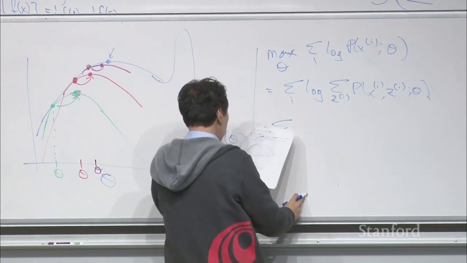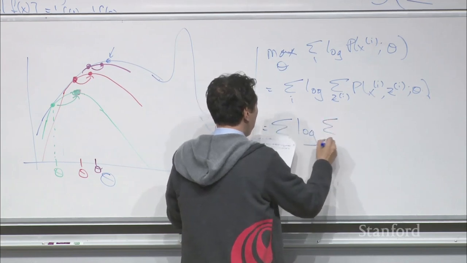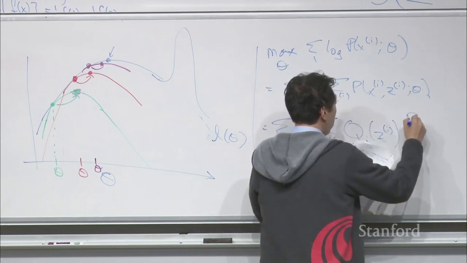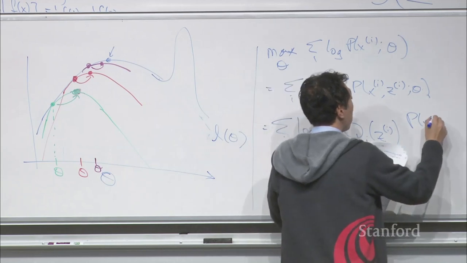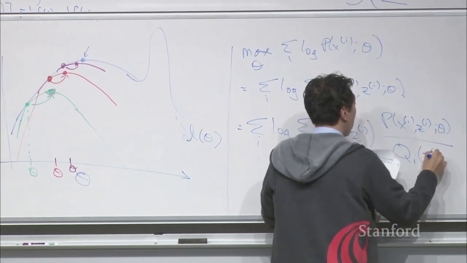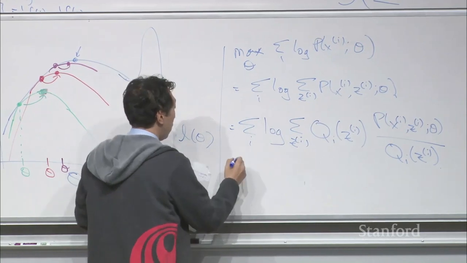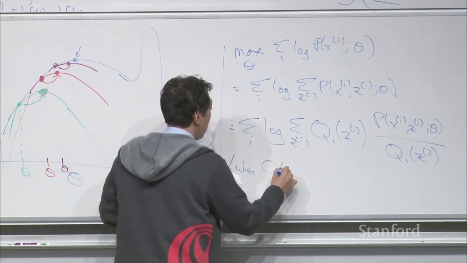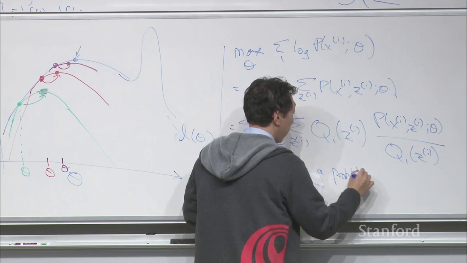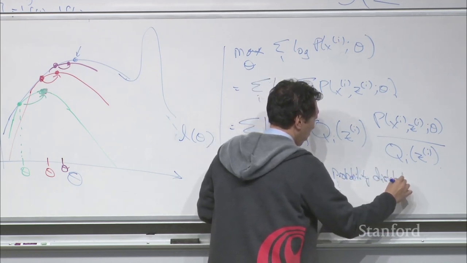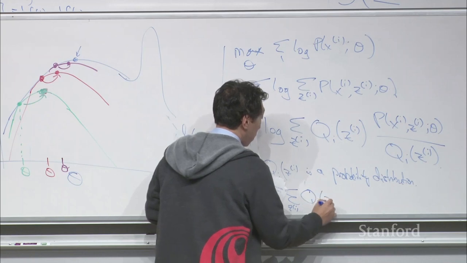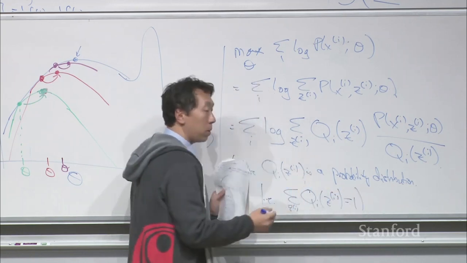What I'm going to do next is multiply and divide by this, where Qi of zi is a probability distribution, i.e., sum over zi of Qi of zi equals 1.